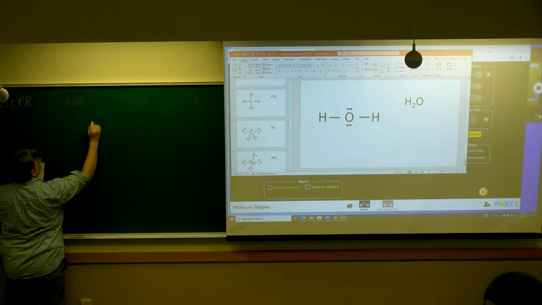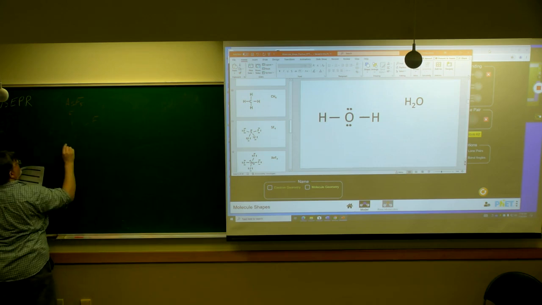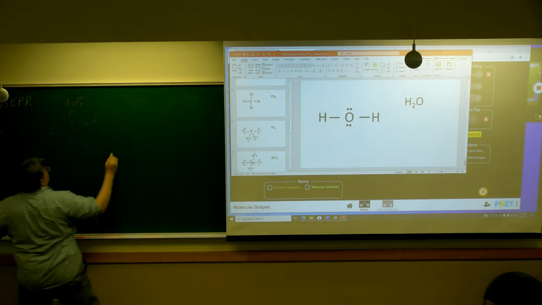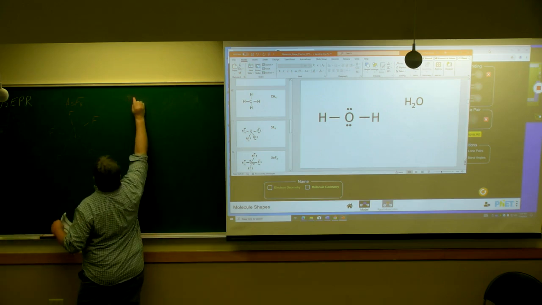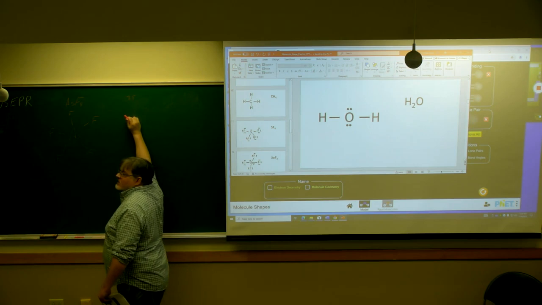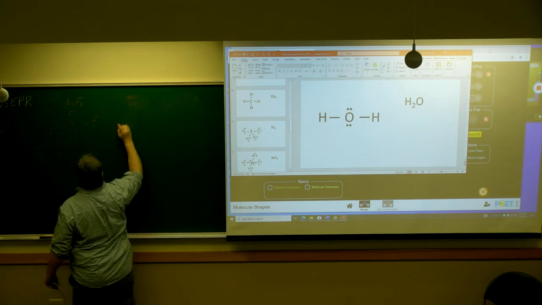As in the middle. We get 35 electrons from the fluorines, and As is 5 more, so we have a total of 40.